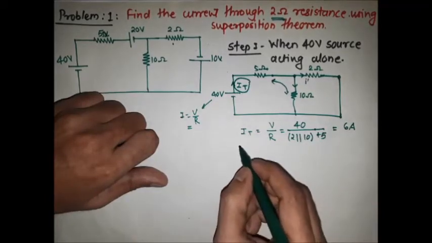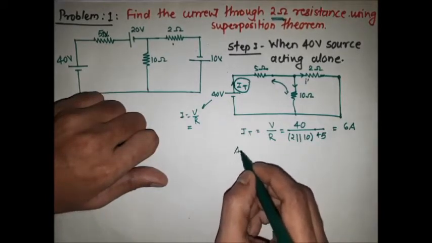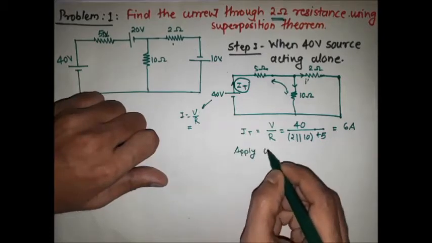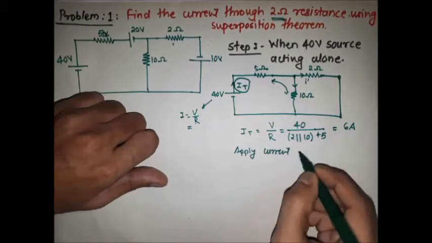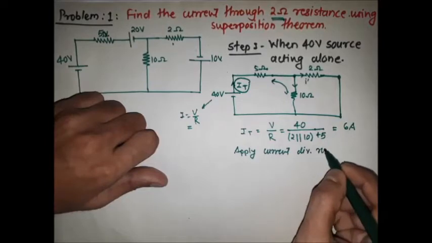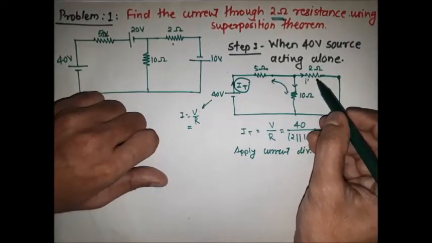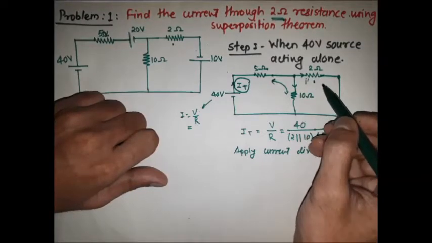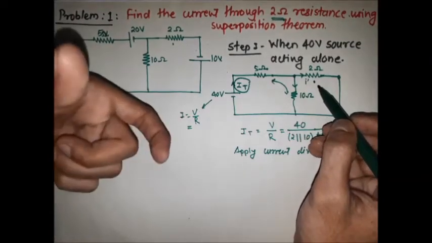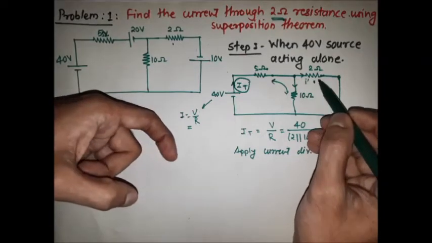Now we apply the current division rule. We have to find the current through the 2 ohm resistor. When finding the current through one resistor, we consider the resistor which is in parallel with the 2 ohm.